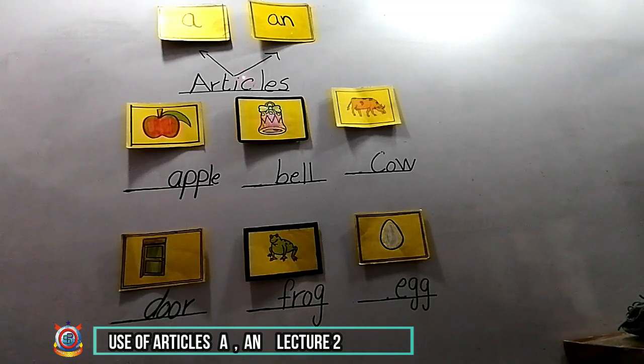We have 2 articles here, a and an. How many articles do we have here? 2 articles, a and an.